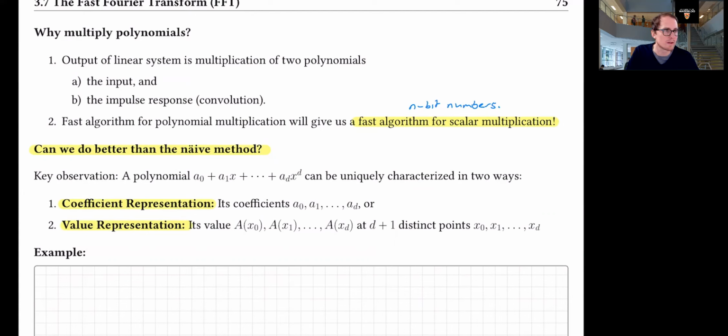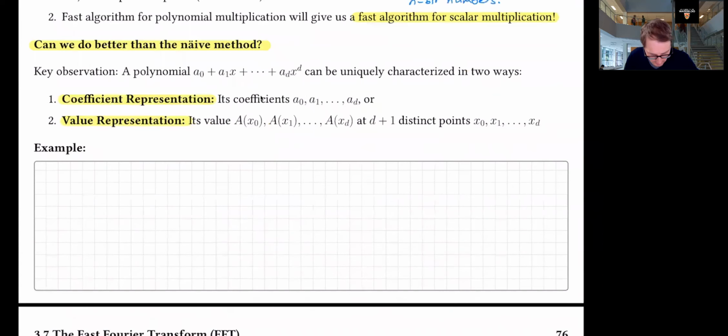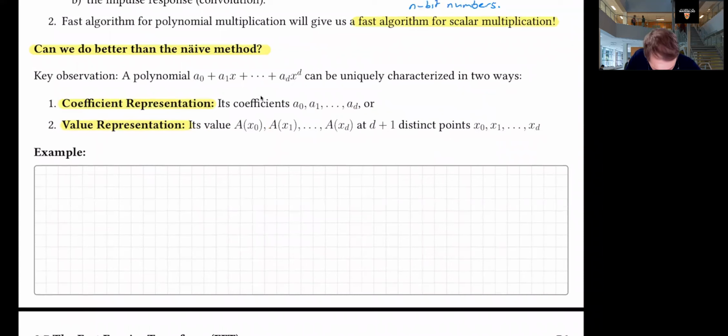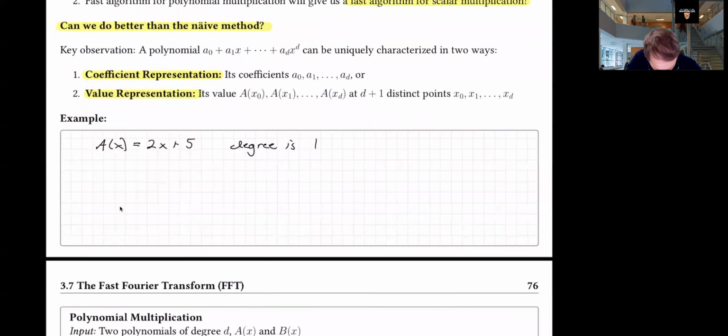To give you a simple example of this, let's say I have the polynomial A of x equals 2x plus 5. So the degree of this polynomial is 1, the highest power of x is 1.